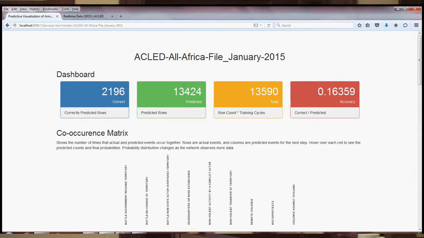And in order to get these numbers, it had to be trained this many times, which is really the number of rows in the file times training cycles constant, which is 10 in this case. And the accuracy is just the correct predictions over the total number of predictions.